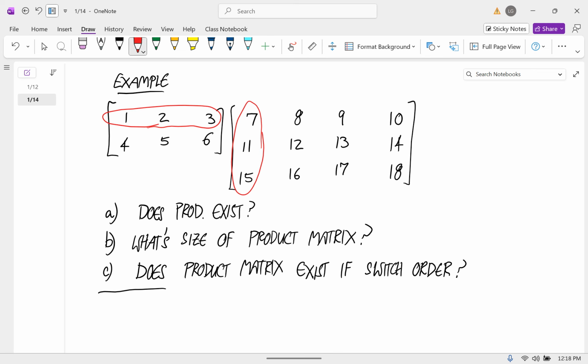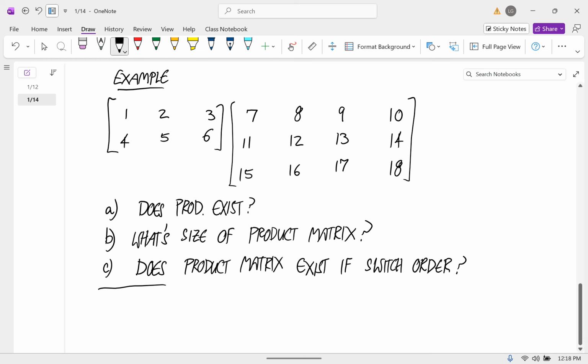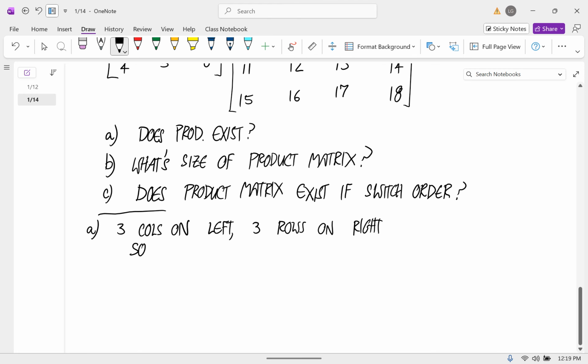In this case, those both have a length of 3, so that dot product exists, and that means that the matrix product exists. So the left has 3 columns, the right has 3 rows. So it does exist.